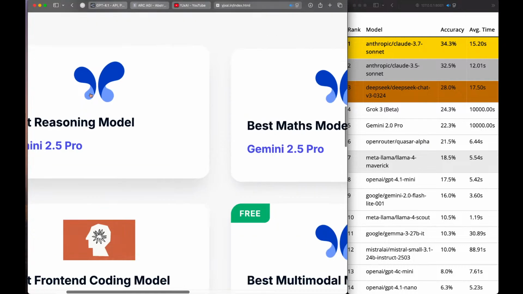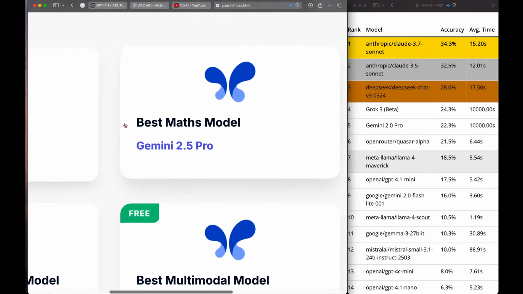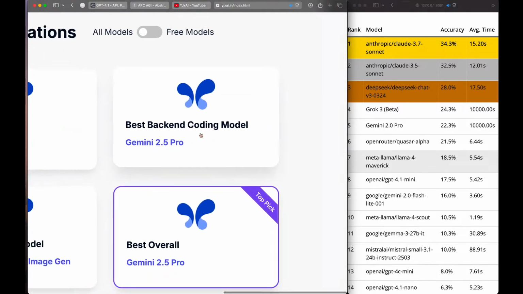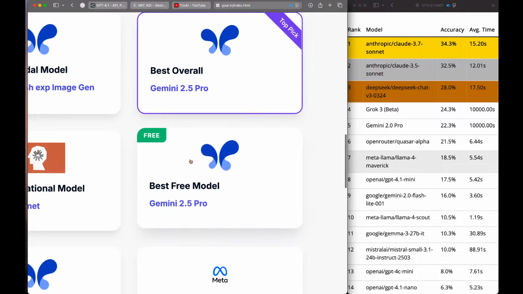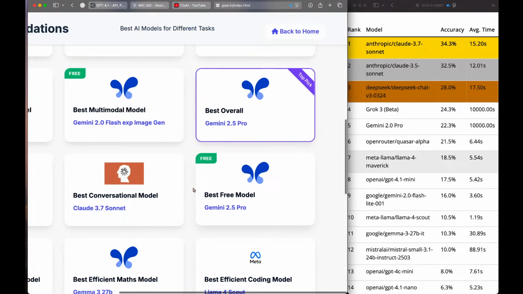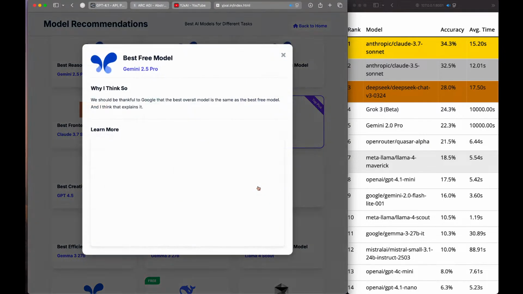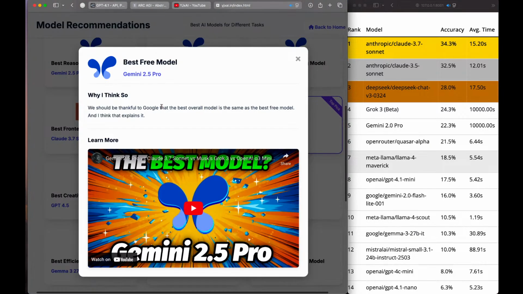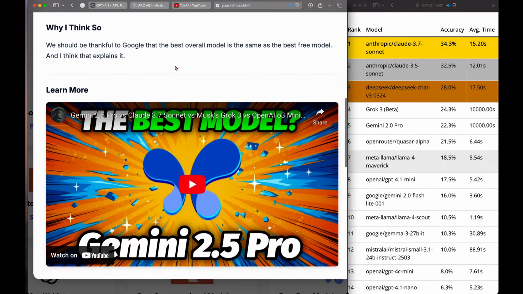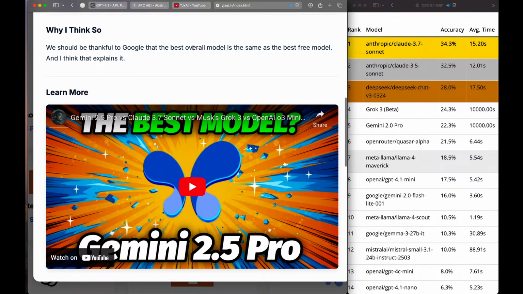Best reasoning model Gemini 2.5 Pro, best maths, best coding, best overall, best free model, everything is Gemini 2.5 Pro. Even in best free model I have mentioned. Have a look at this. We should be thankful to Google that the best overall model is the same as the best free model.